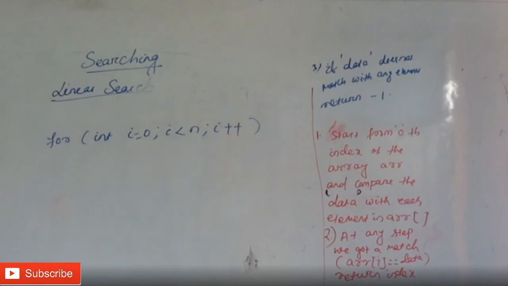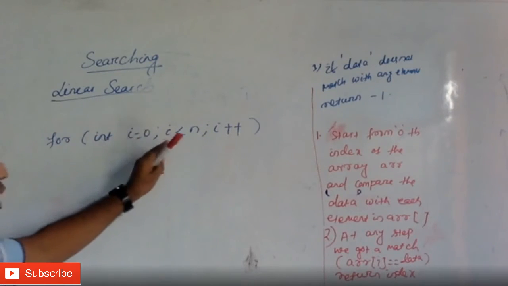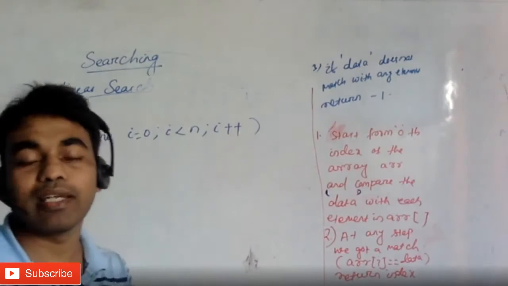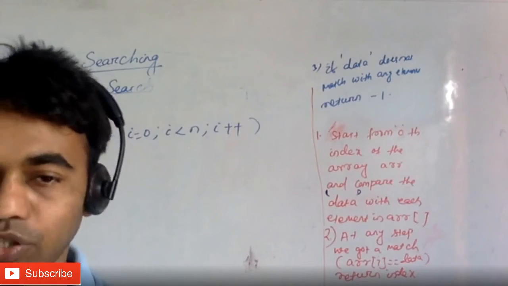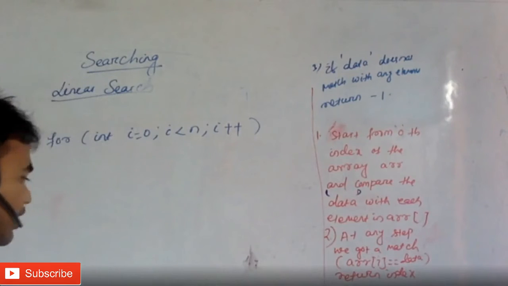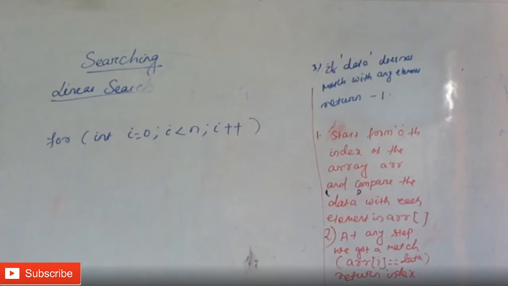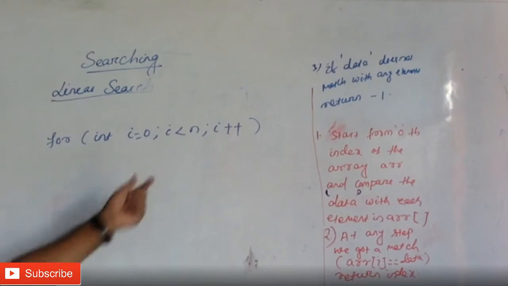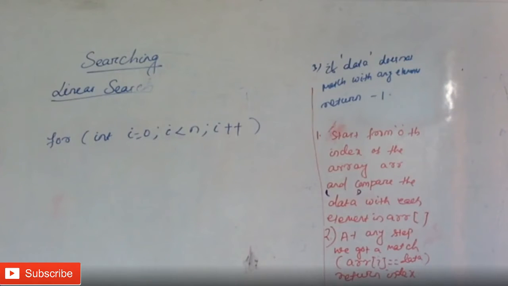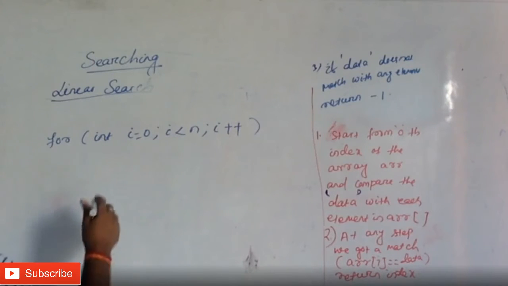So you will start from the 0th index and keep going until the n minus 1th index. Because if there are 8 elements, there are indices 0 to 7. That's why i less than n. So it is very important. This one is done.